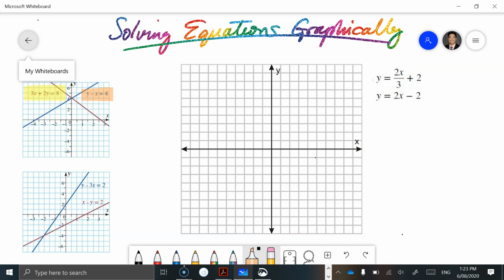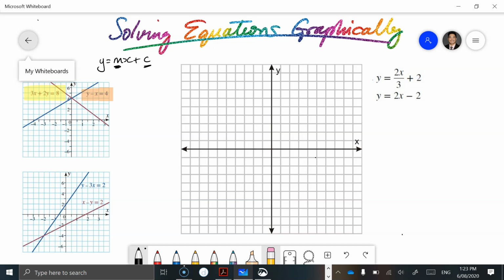we remember that our linear equation structure is y equals mx plus c. M is your gradient, c is your y-intercept. So we can rearrange things.